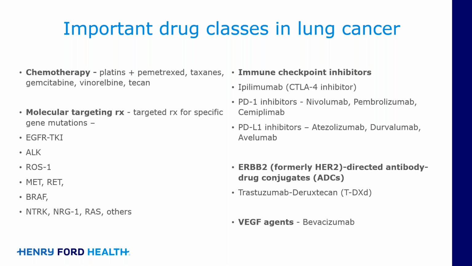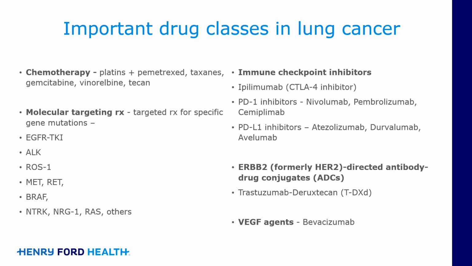Immune checkpoint inhibitors can be classified into 3 different categories. The CTLA4, which is cytotoxic T lymphocyte associated protein 4 inhibitor ipilimumab, the programmed cell death 1 inhibitors, including nivolumab, pembrolizumab, and the programmed cell death ligand inhibitors, including atezolizumab and durvalumab, are more and more frequently being used.